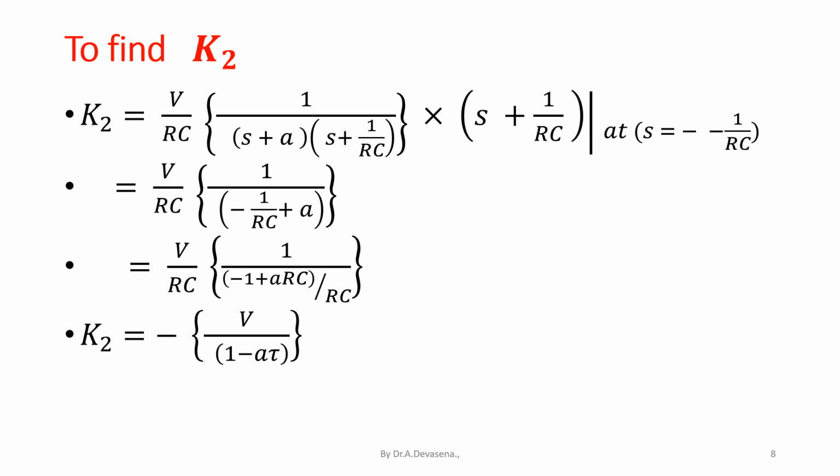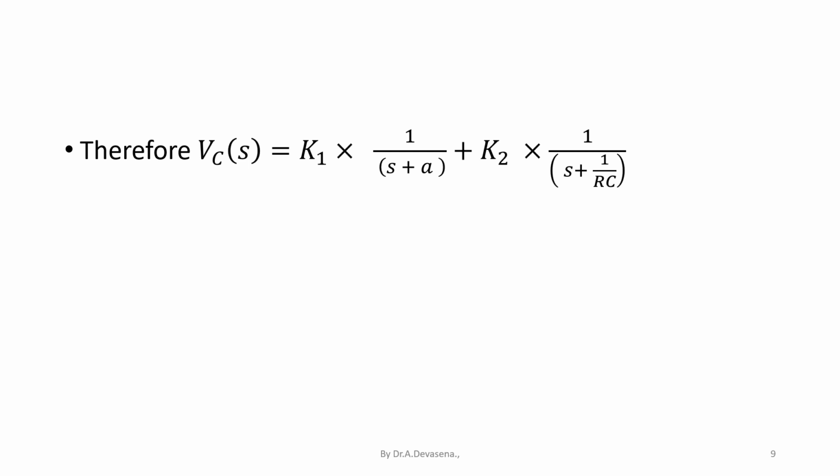If we further simplify this equation, we get K2 is equal to minus, open the bracket, capital V divided by 1 minus A tau, that is, the value of K2 is equal to minus K1. Therefore capital V suffix C of S is equal to K1 into 1 divided by S plus A plus K2 into 1 divided by S plus 1 by RC.